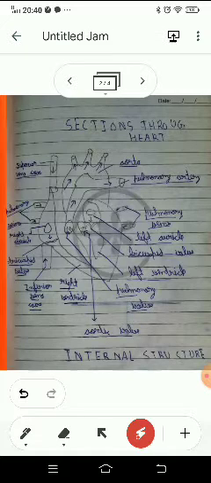Why am I saying that they are known as the receiving chambers? Because blood from all parts of the body, which is impure blood, comes to the right auricle first, and since it receives it, it is known as the receiving chamber of the heart.